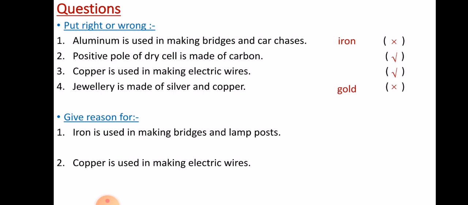The second question is give reason. Number 1, iron is used in making bridges and lampposts. Give reason: why do we use iron in making bridges and lampposts?